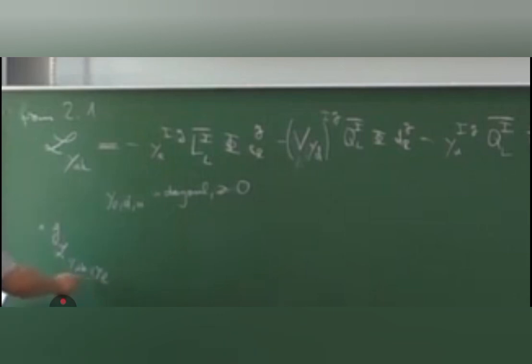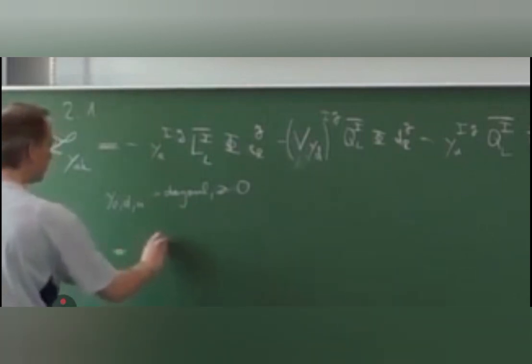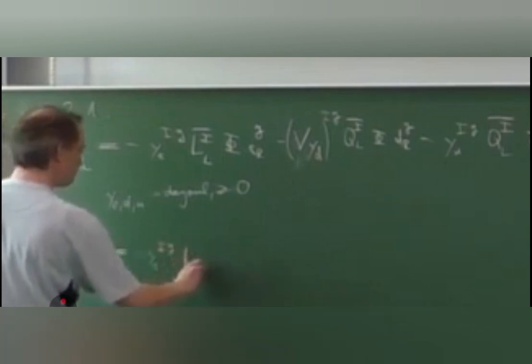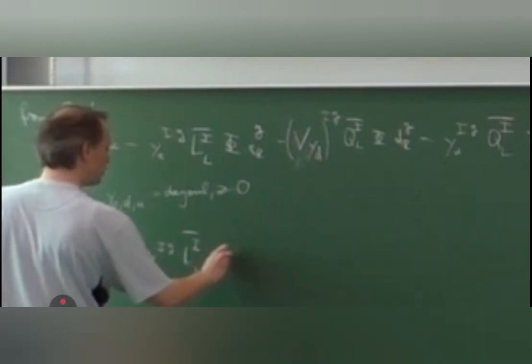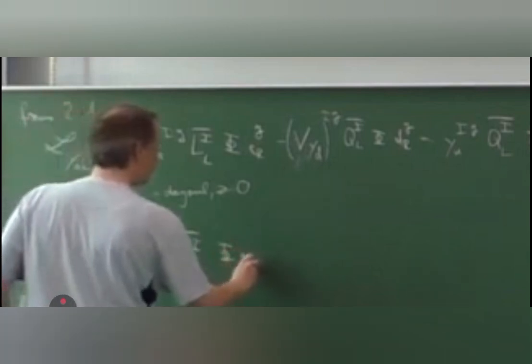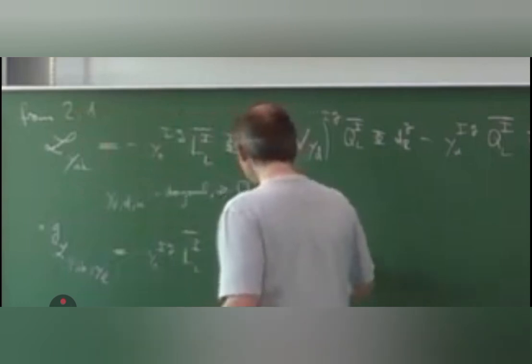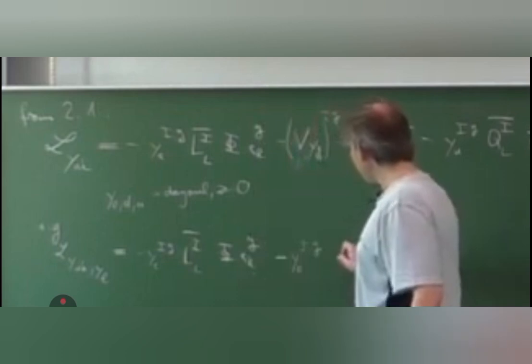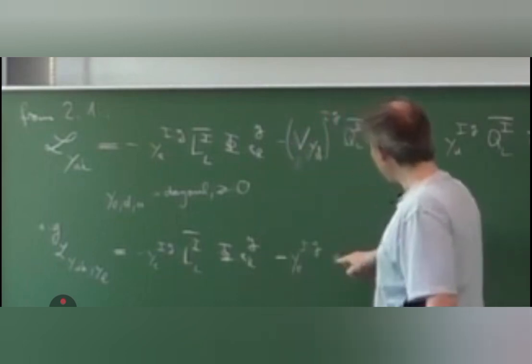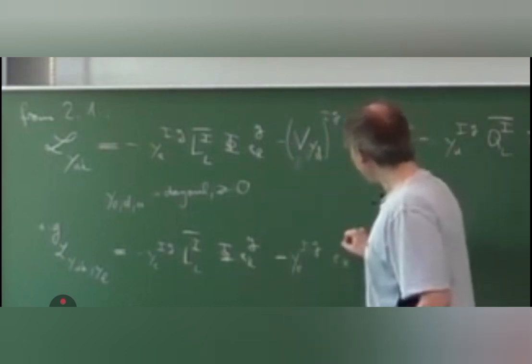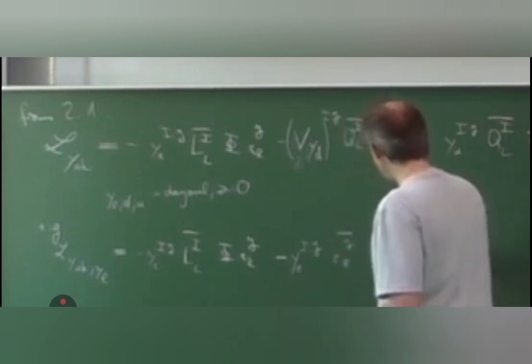So only the Y_E term is now minus Y_E IJ L_L I bar phi E_RJ minus Y_E IJ, and then the complex conjugate of this is simply for the spinors the reverse expression E_RJ bar times phi dagger times L_L I.